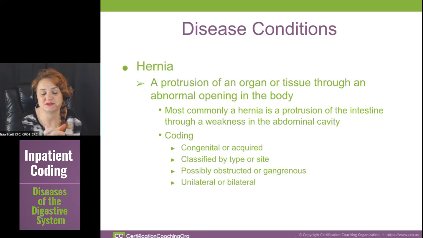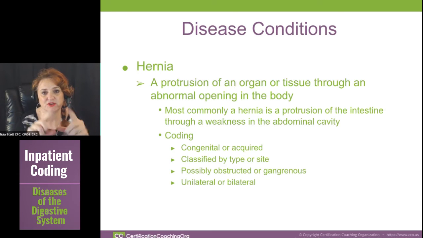It can also burst. So a hernia is a protrusion of an organ or tissue through an abdominal opening. Often the organ ends up being the small intestines, but it doesn't have to be. The intestine is the most common one, but there can be herniations in other parts of the body. You want to know, is it congenital or acquired?